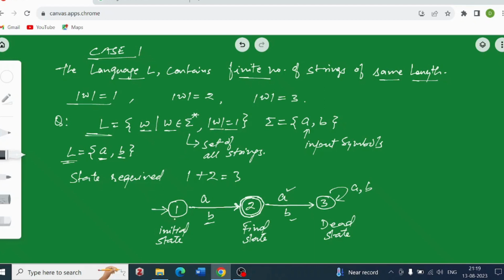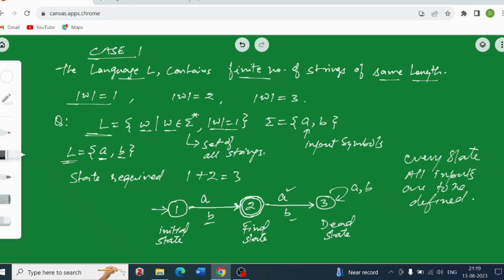Let's cross-check the DFA, because according to the definition of DFA, for every state, all inputs are to be defined. Then only we'll call it a deterministic finite automaton.